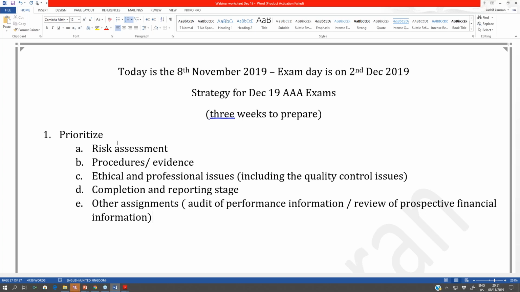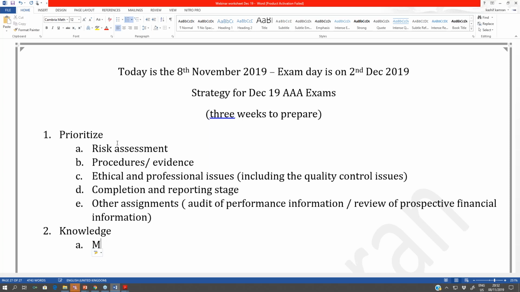Now, it's up to you. Some students might complete this in a week, some might complete it in 10 days, depends upon your own preparation so far, so forth. But once you complete these prioritized areas, you then need to look into the knowledge areas as quickly as possible. You need to focus on areas like money laundering.